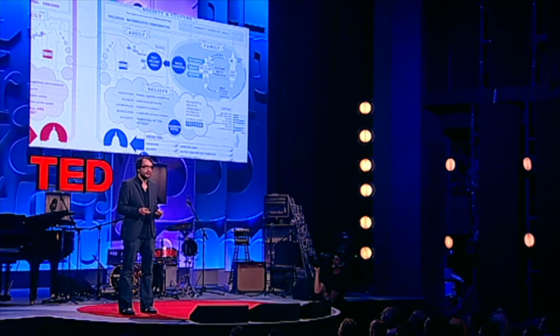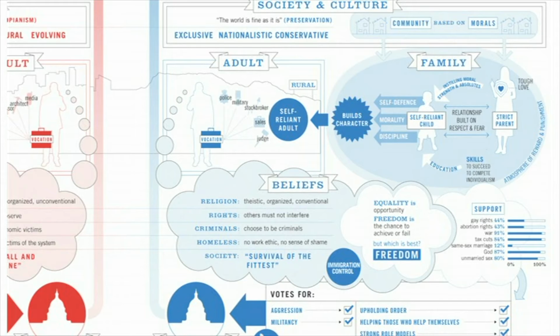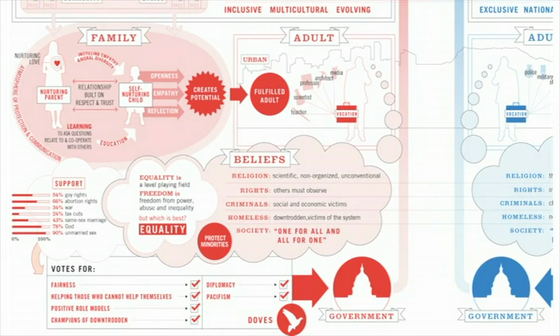What I love about this image is it's made up of concepts that explores our worldviews, and it's helped me anyway, to see what others think and to see where they're coming from. And it feels just incredibly cool to do that. And what was most exciting for me designing this was that I desperately wanted this side, the left side, to be better than the right side, being a kind of journalist, left-leaning person.